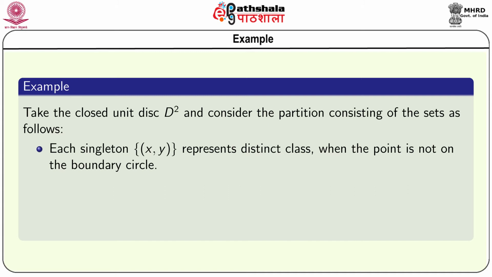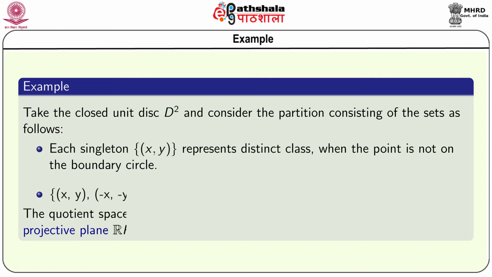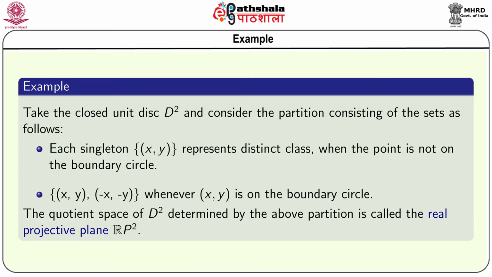Each singleton xy, which represents a distinct class when the point is not on the boundary circle, and when the point is on the boundary circle, we take the points xy and its diametrically opposite point -x -y in the same class. So, the quotient space of D2 determined by the above partition is called the real projective plane RP2.